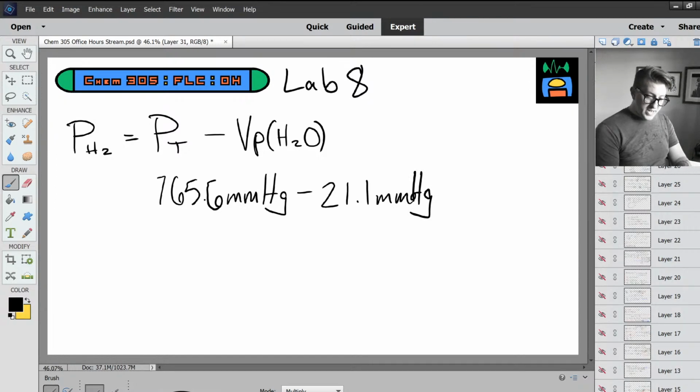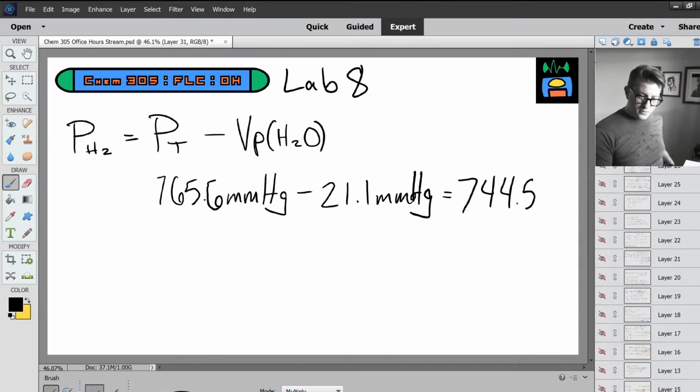All right, when you take this difference, punch it into my calculator, 765.6 minus 21.1. The answer is 744.5. And you have to ask yourself, okay, how many sig figs should my answer have?